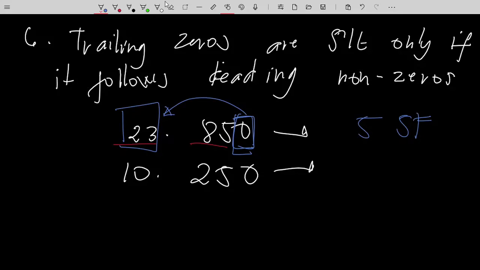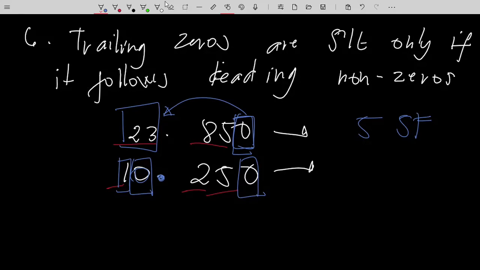Now the same thing applies to the second example. We have your non-zeros such as your 1, 2, and 5. Now applying the fifth rule, we have a 0 here and a decimal point here. This 0 will be significant because it follows a non-zero. So how about your 0 here?